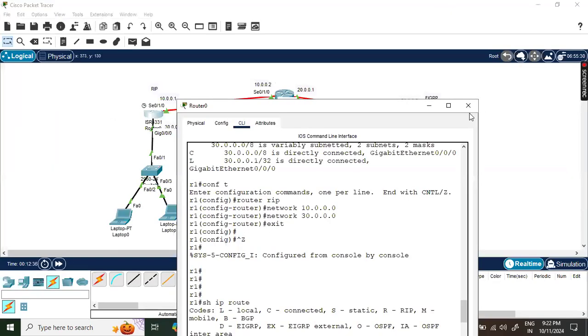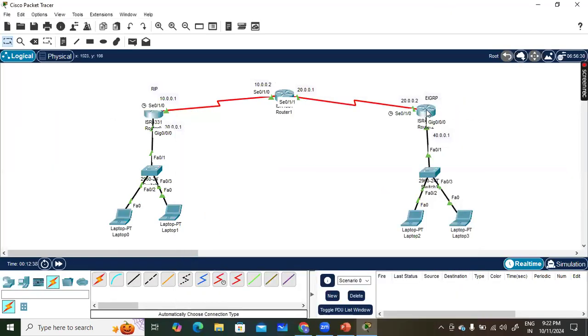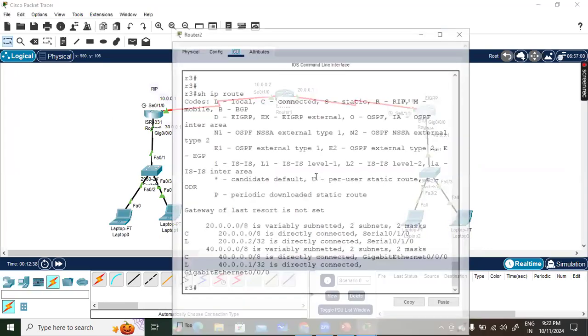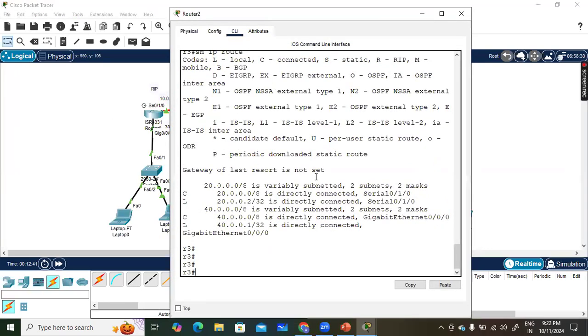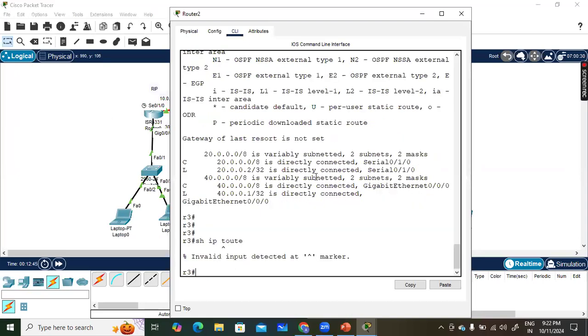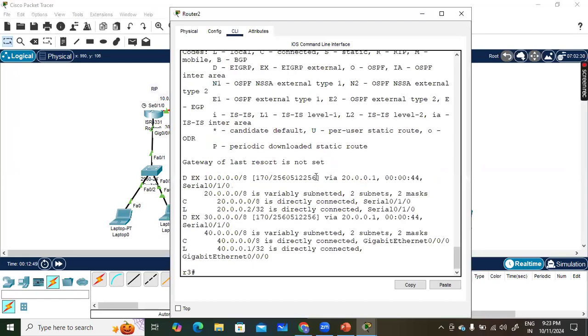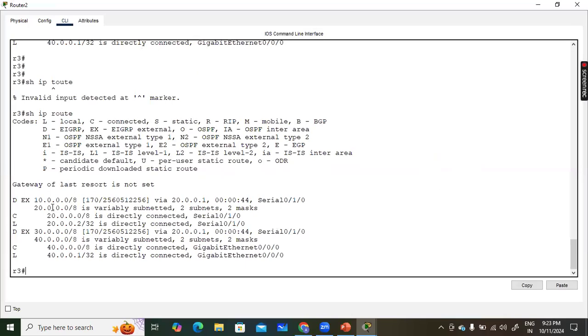Now, similarly, go to EIGRP and see here. Show IP route. Now, do you see any difference here? Just read this table and tell me the difference. I'm just coming in a minute.